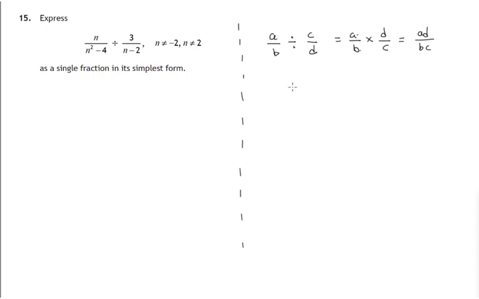However, one of the things that we should note when we're dealing with multiplying fractions together is that there's a lot of cancelling that can go on, and the cancelling is to do with factors of these numbers.